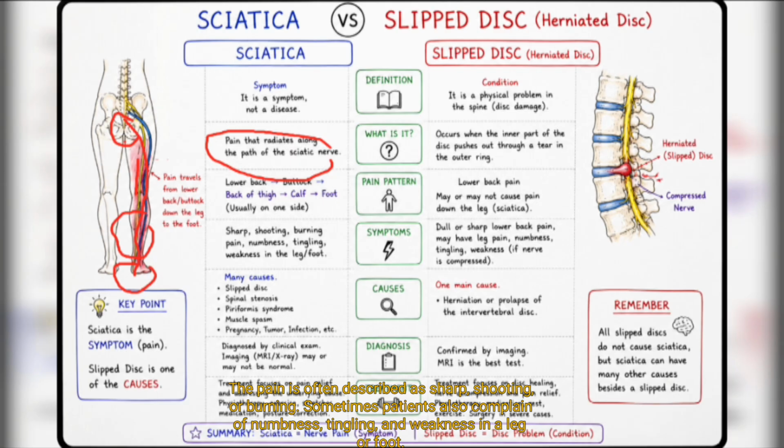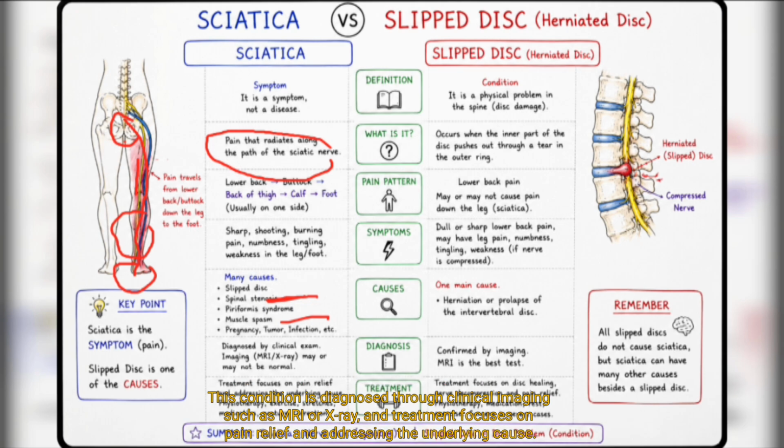The pain may be sharp, shooting or burning. Sometimes patients complain of numbness, tingling, and weakness in the leg or foot. Sciatica is caused by a slip disc, spinal stenosis, piriformis syndrome, muscle spasm, pregnancy, tumor, or infection, and there are many causes that create sciatica pain.